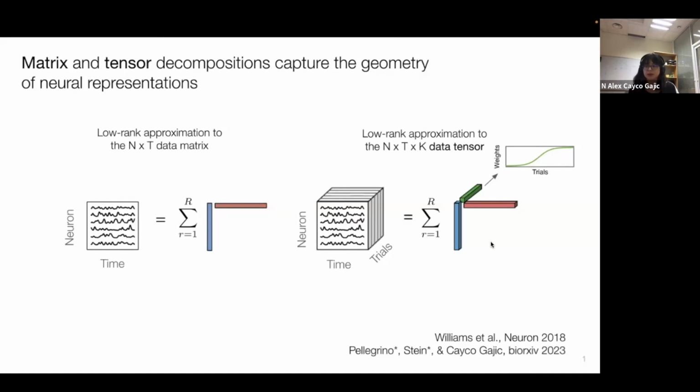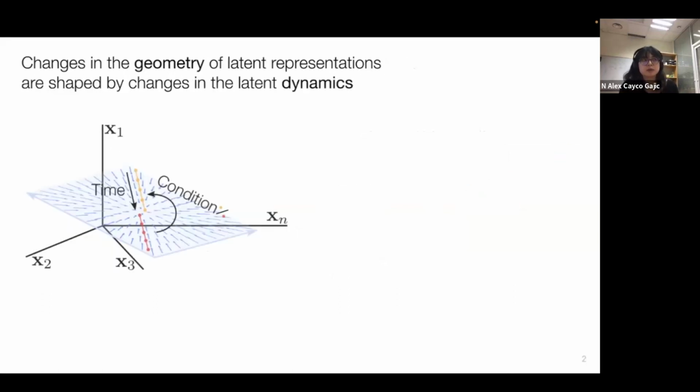And part of that, I think, is because we don't really have a generative model for the dynamics. What we can observe from the neural activity that we record is the geometry of the representations, but the geometry of the representations is shaped by the dynamics. In other words, they're shaped by the vector field of the neural population that is determining how those trajectories will look.